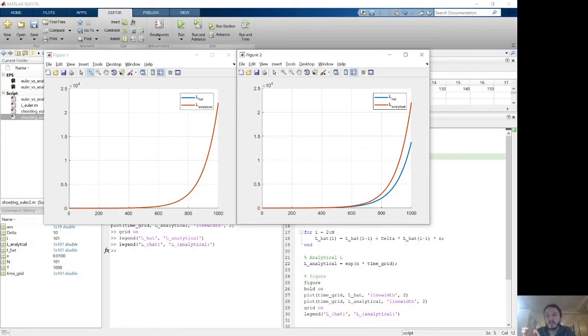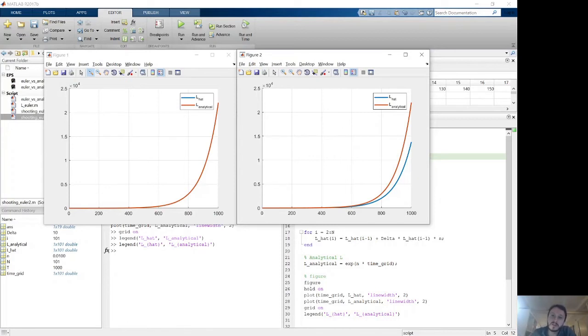To get a good approximation for L at time 10, we need to know well L at time 9, for example, right? So that's the intuition. So if we want very good approximations, we need to walk in the time grid in very small steps.